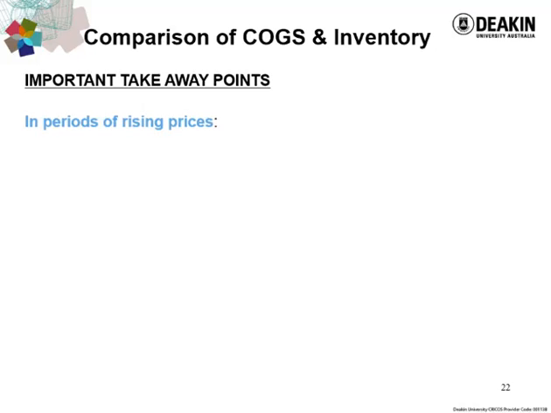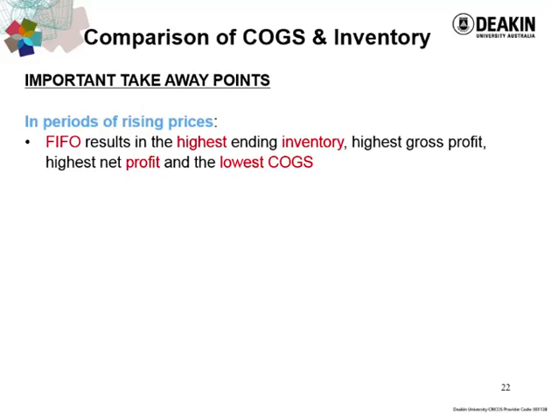So just a recap in terms of what we have covered so far. In periods of rising prices, meaning when things become more expensive, FIFO gives the highest closing inventory, so it reflects the current value of inventory, and it has the highest gross profit and net profit but the lowest cost of goods sold.